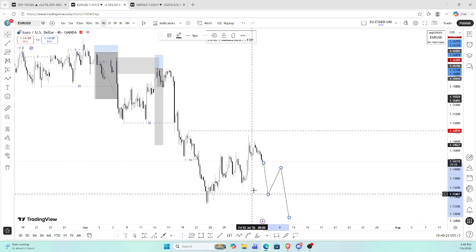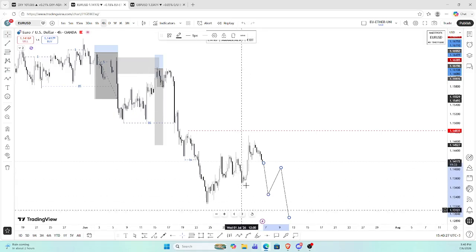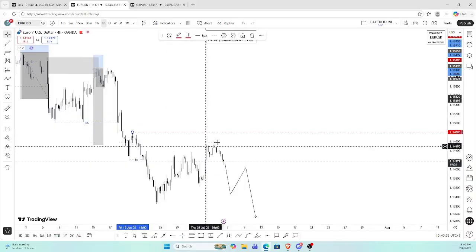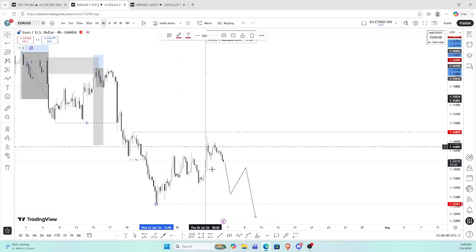I think when we head over to the 1-hour time frame, we're going to see that clearly. But let's just bear in mind this swing high from the 4-hour and this which led to this swing low, and currently price is trading in between.